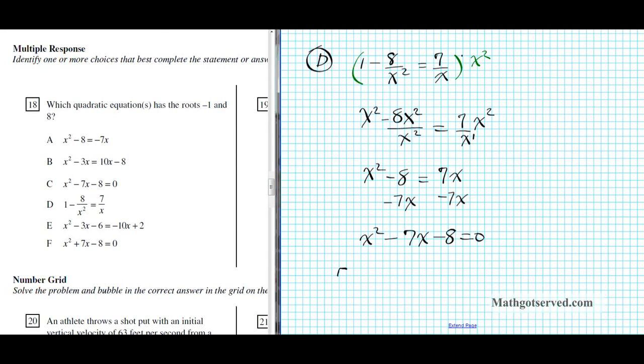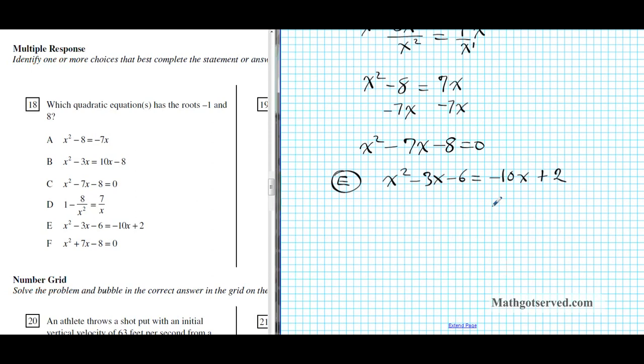All right, let's take a look at E. We have x squared minus 3x minus 6 equals negative 10x plus 2. To put this in standard form, you simply add 10x to both sides and subtract 2 from both sides.